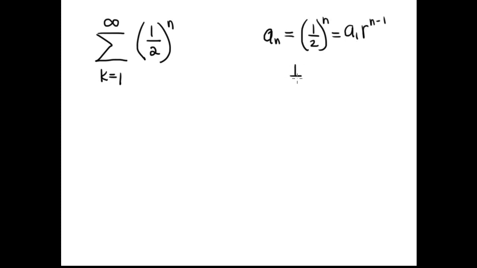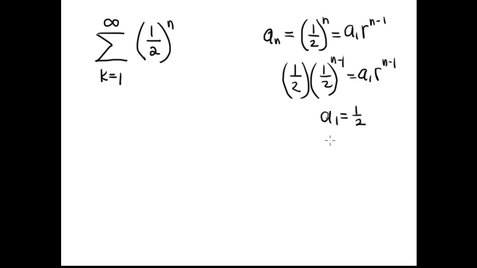Now this is equivalent to saying 1/2 times 1/2 raised to the n minus 1 equals a1 r to the n minus 1. In this case, we have a coincidence that a1 is 1/2 and the common ratio is 1/2. So the condition necessary to be convergent is that the absolute value of the ratio is less than 1. The absolute value of 1/2 is obviously less than 1. Therefore, the series converges. But converges to what value?